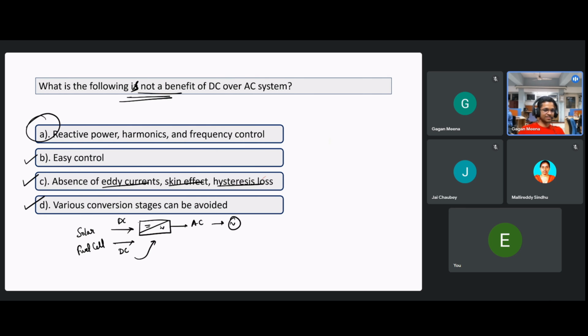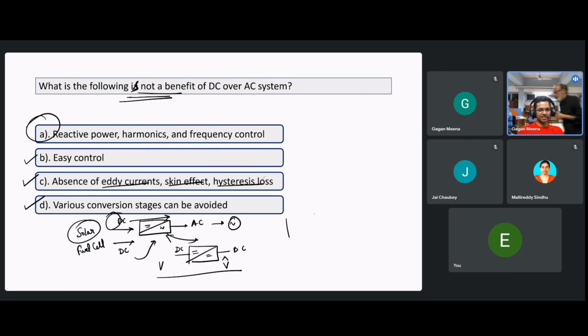But before this, we may have one more stage of DC to DC, because the voltage level of the output of this solar, this V, may not be sufficient. So we want to boost the voltage. For that also we need one stage. So here we require two stages.